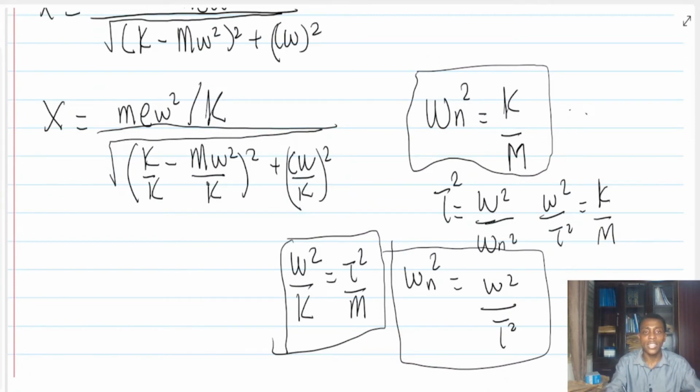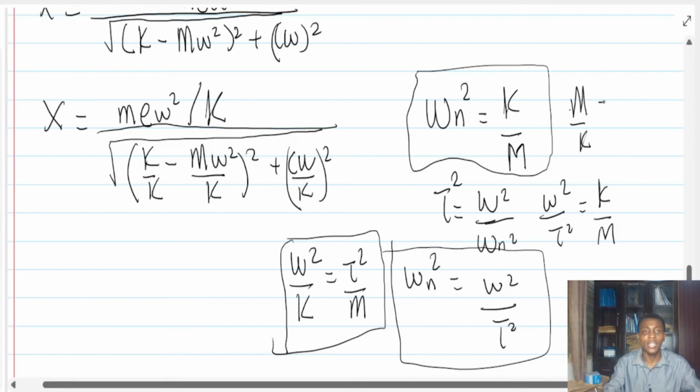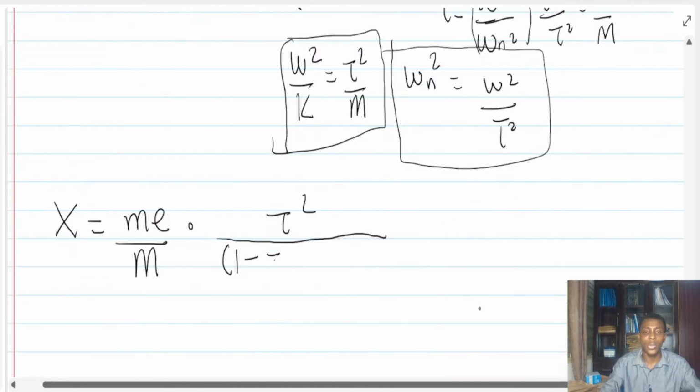So if I divide this by this, if I have M over K, then M over K is nothing but the inverse of omega n squared. So I will end up getting tau squared. In fact, I'll end up getting omega squared divided by omega n squared, which is what? Tau squared.